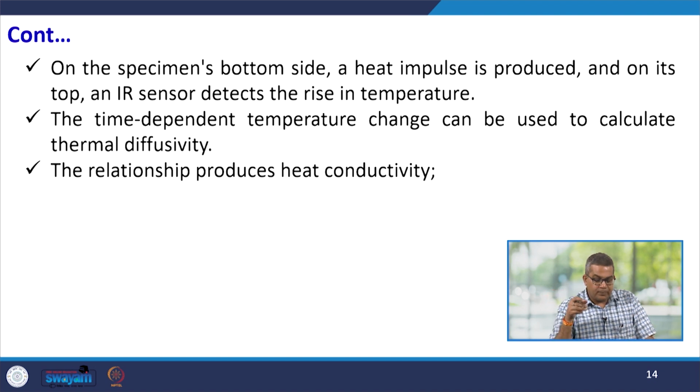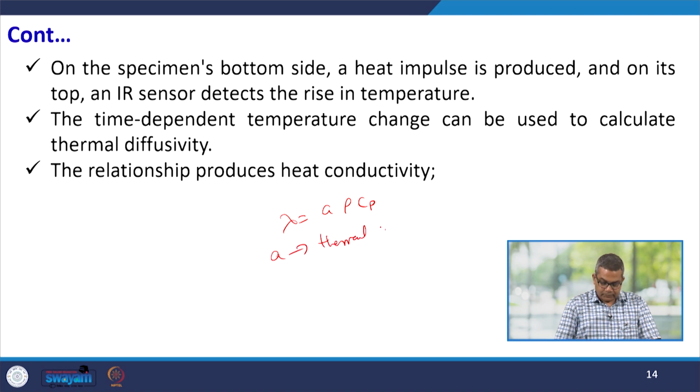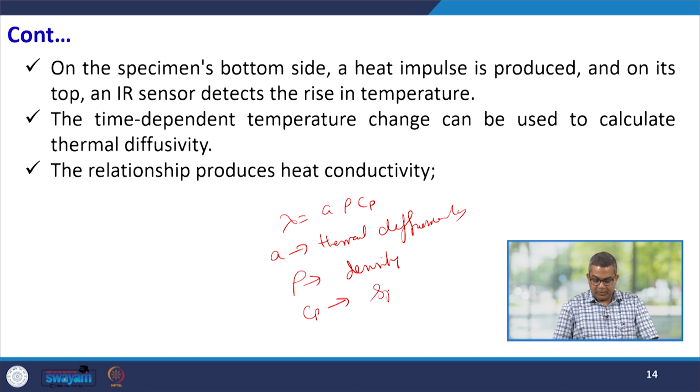So the relationship to get the heat conductivity can be given as lambda is equal to A rho Cp, where A is thermal diffusivity, rho is the density, and Cp is the specific heat.